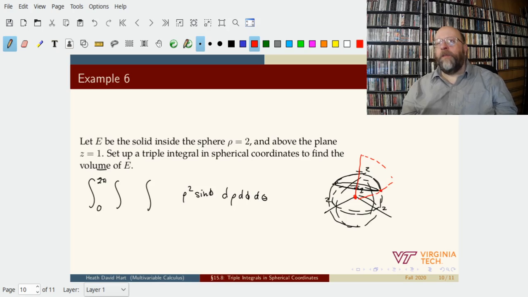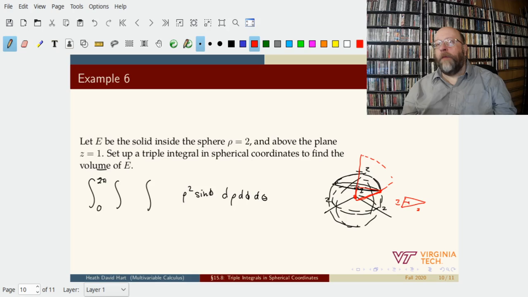So let's talk about how we figure out what that point is. We have right here a triangle where the height of the triangle is 1, because z is 1 unit above the origin. But this radius is out to the edge of the sphere. This radius is 2.